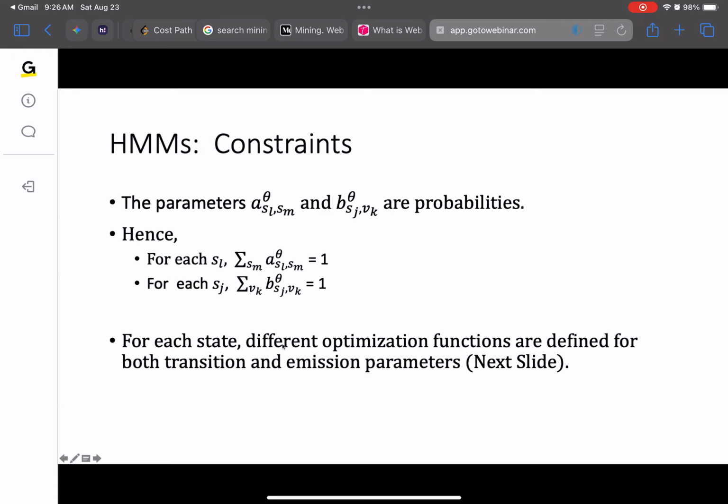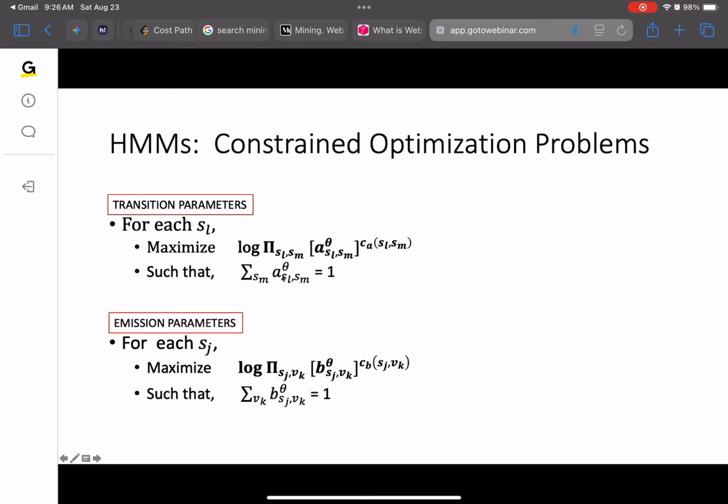For each state, different optimization functions are defined for both transition and emission parameters. For transition parameters, this is the objective function: the log of the product of the terms involved with transition parameters and the corresponding counts, using the constraint over the transition parameters.